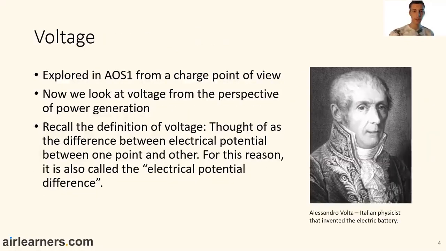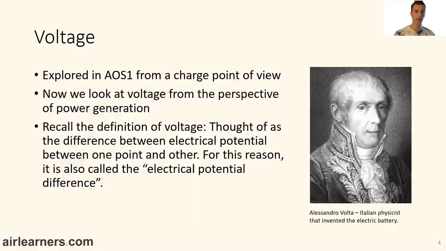So start off with voltage. We looked at it in Area of Study 1 from the point of view of charges, but now we look at it from the perspective of power generation, and with power comes current. So current and voltage are very, very closely linked.